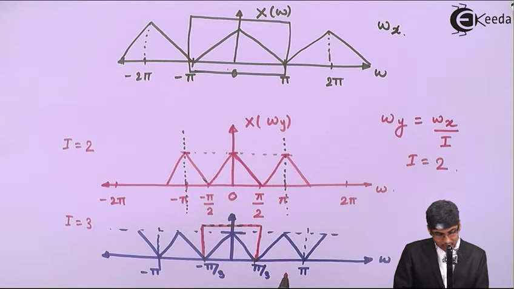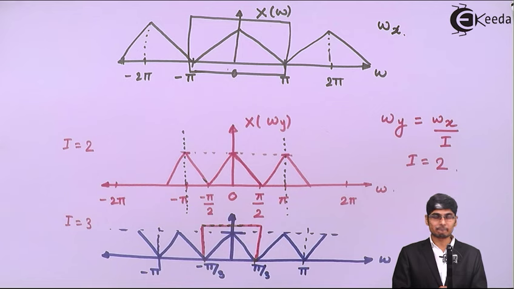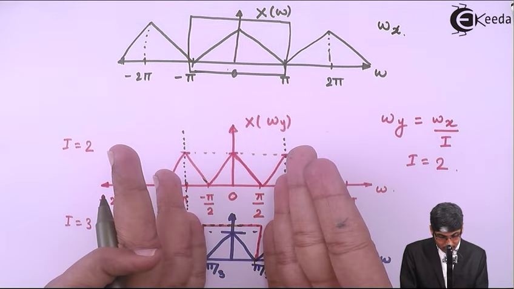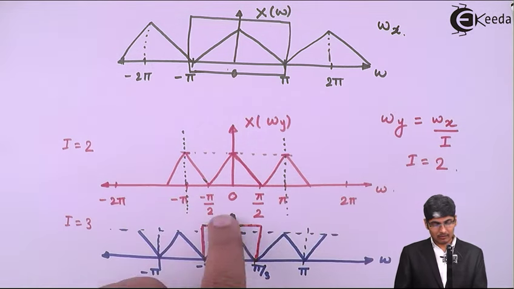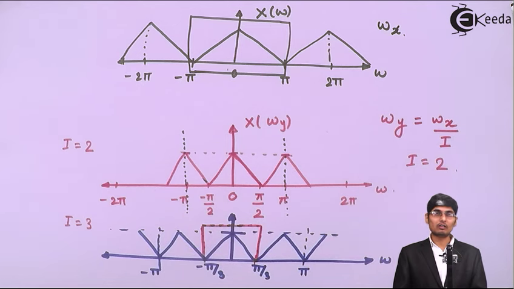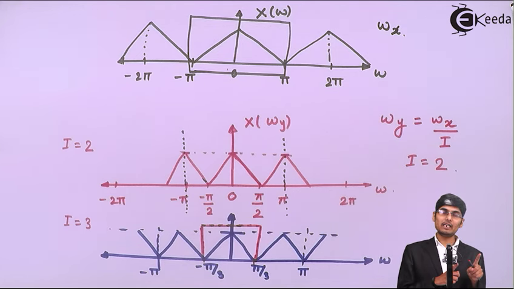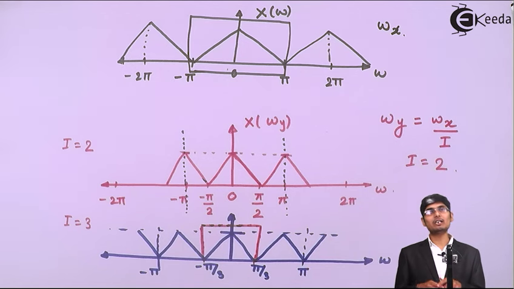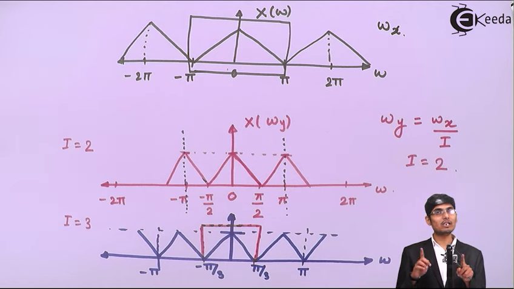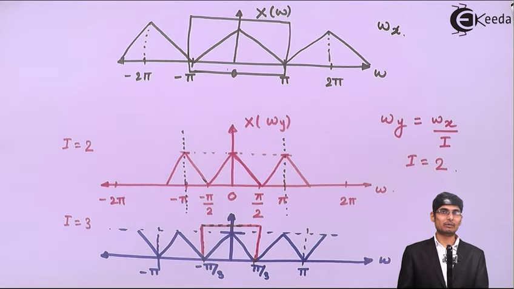Correct. So I have to find where minus pi by I to plus pi by I is. If I filter out this much area, then I will get the original copy of the signal. Rest everything will be neglected. So I am doing upsampling and appending a filter to that process. Why appending a filter? So that I will neglect the copies.